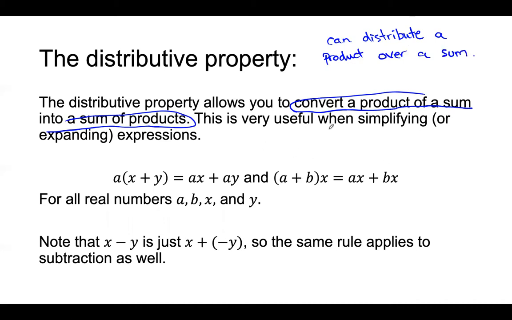So it's very useful when simplifying or expanding expressions. Here we see we're distributing our A into our expression, and it has two terms. So we get AX plus AY. If it had 3 terms or 4 terms, we would continue that.